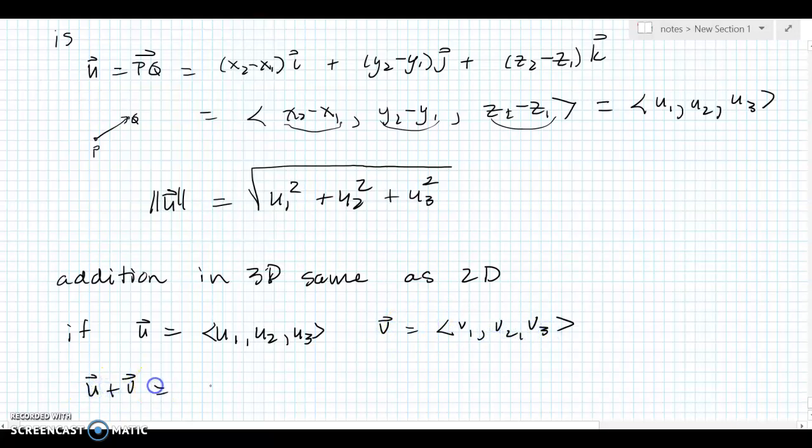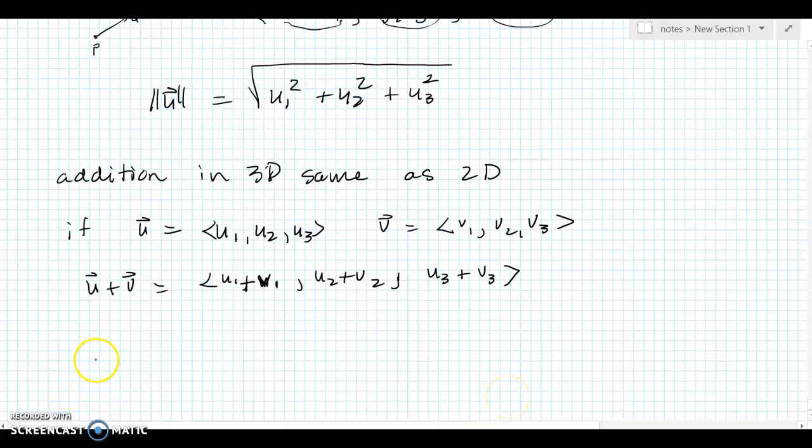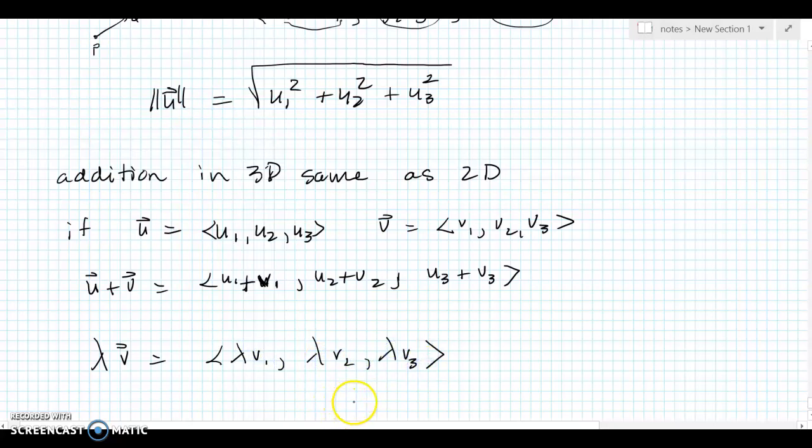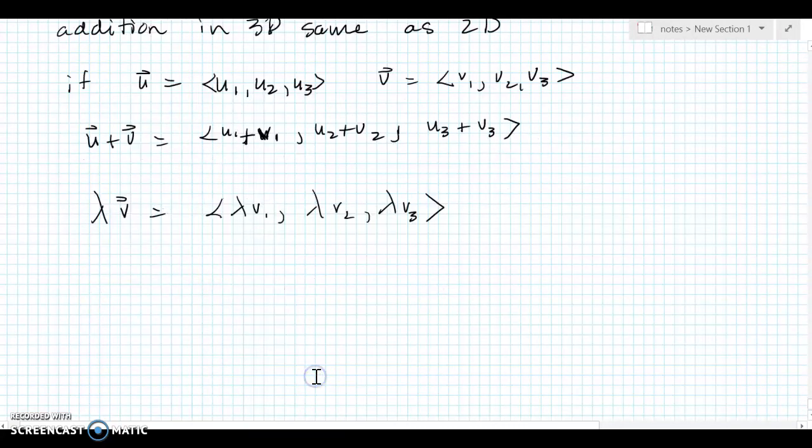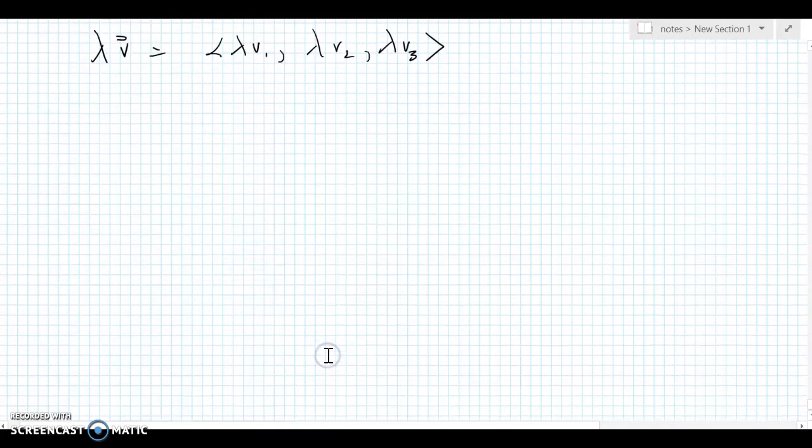Then U plus V equals U1 plus V1, U2 plus V2, comma, U3 plus V3. Right, so nothing different there. Same with lambdas, right? So lambda V is going to be lambda V1, lambda V2, and lambda times V3. Right? Same thing. Subtraction works the same. Right, so 3 space is not really any different than 2 space.